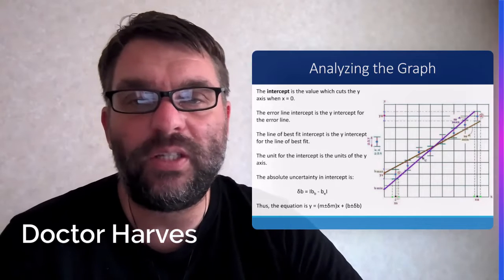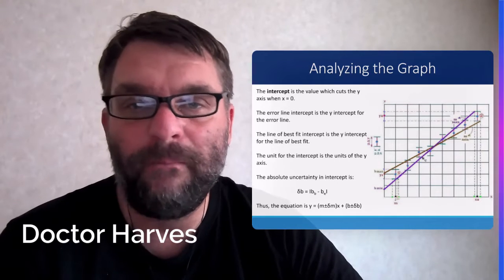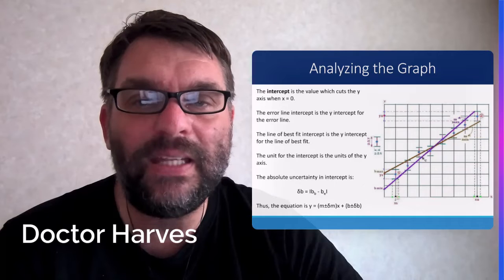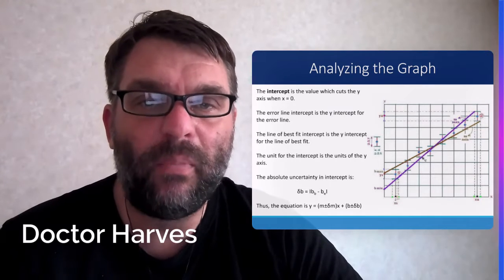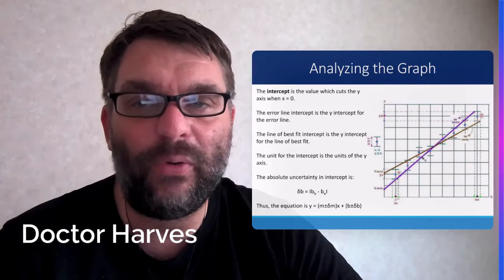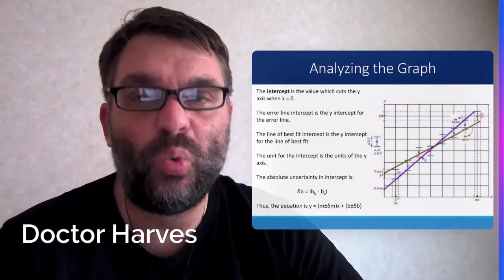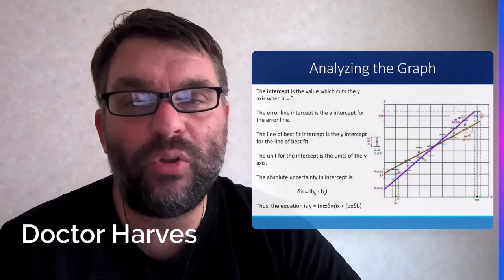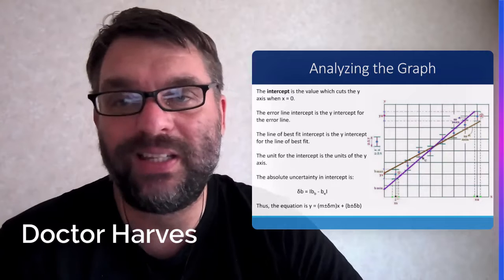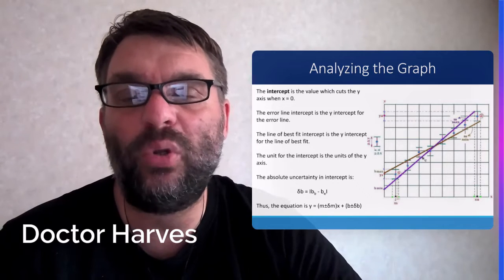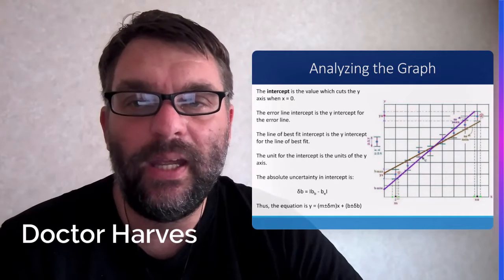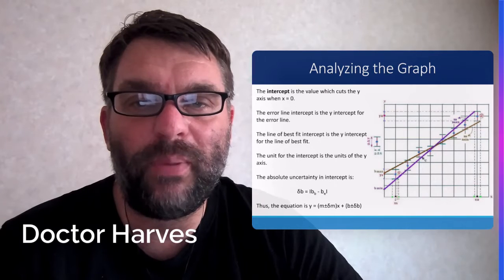And the absolute uncertainty will be, again, the absolute value of the intercept of the line of best fit minus the intercept of the line of error. So you're going to actually have to work out the intercept of both of your error lines and determine which one is largest in order to work out the absolute uncertainty in your line of best fit.